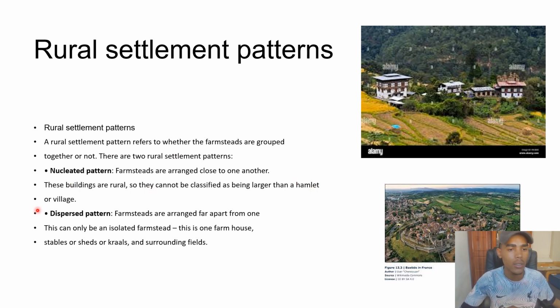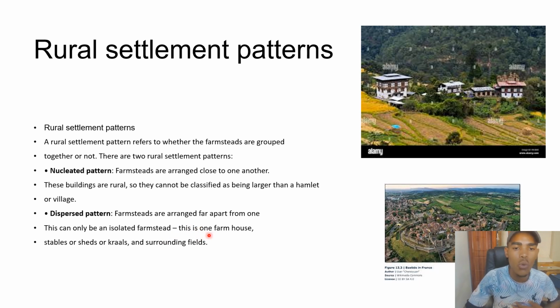So another type of settlement pattern is the dispersed pattern. Remember, when we are talking about dispersed, we are talking about something that is far apart from each other. For instance, farmsteads are arranged far apart from one another. This can only be an isolated farmstead.